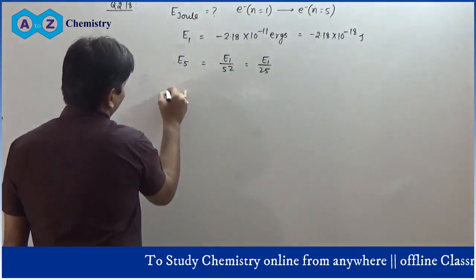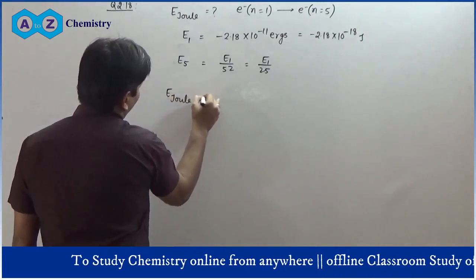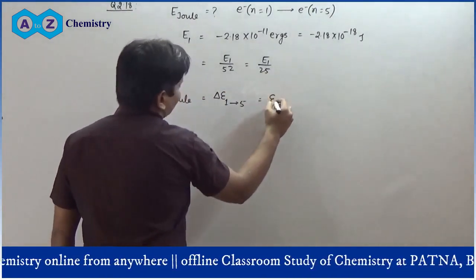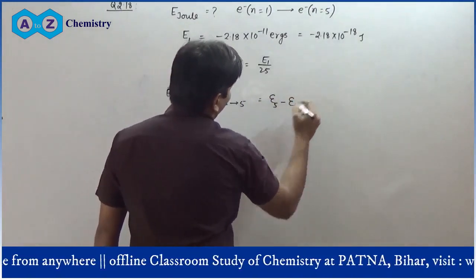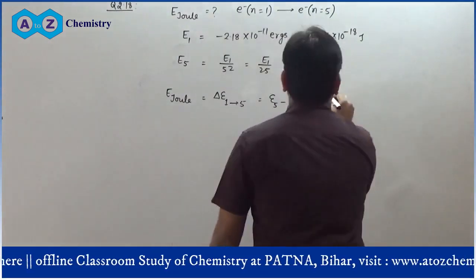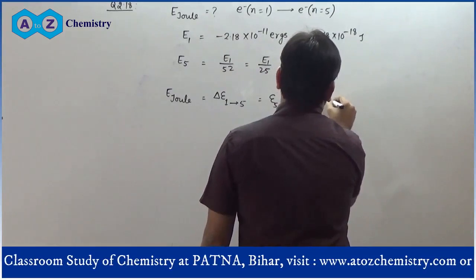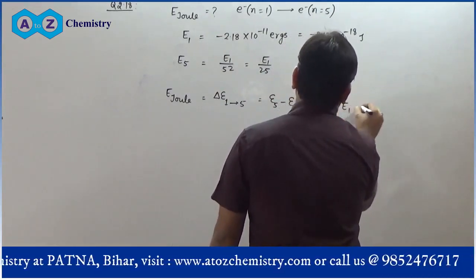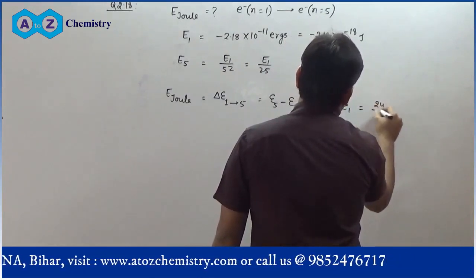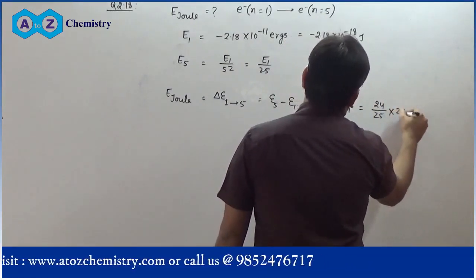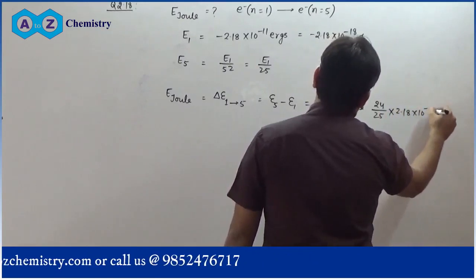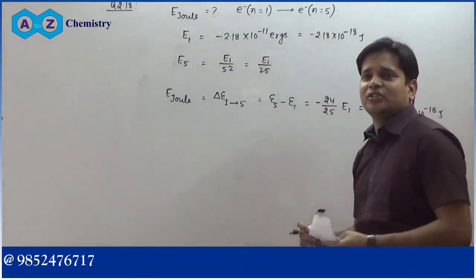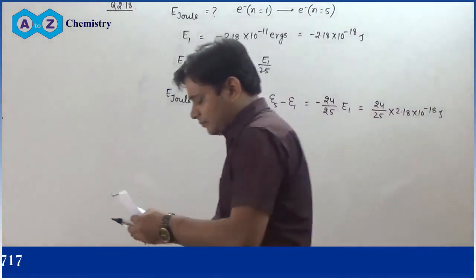So the energy in joule required will be equal to delta E between 1 and 5, that is E5 minus E1, and that is going to be equal to 24 by 25 times E1 with the minus sign, that is 24 by 25 × 2.18 × 10^-18 joule. This is the energy required to shift the electron from n equal to 1 to n equal to 5.